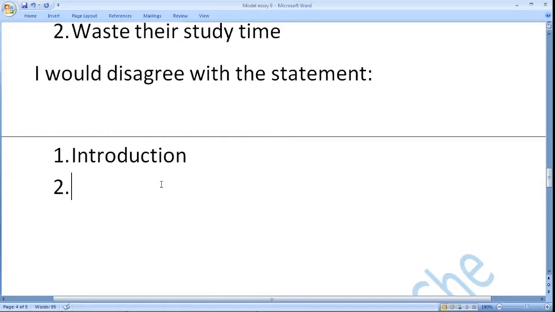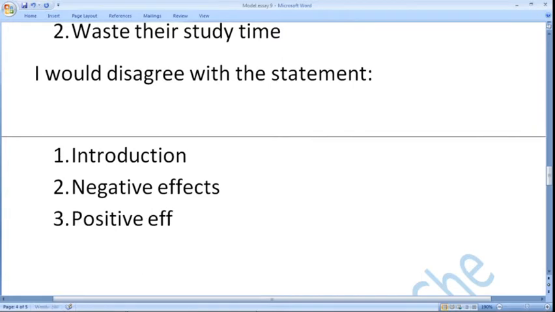And then, as you have said there are more positive than negative, first of all you would discuss the opposite opinion, that would be negative effects here. And as you say that there are more positive, the positive is more related to your opinion.